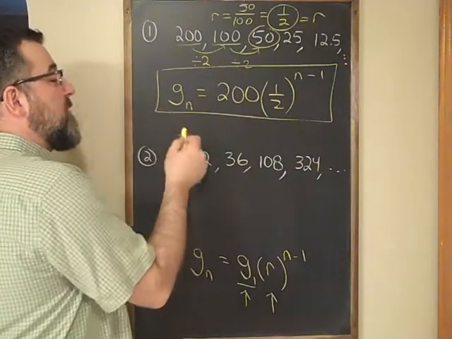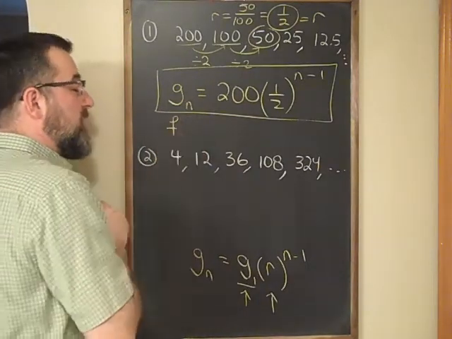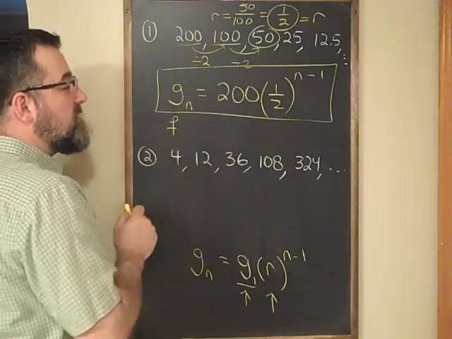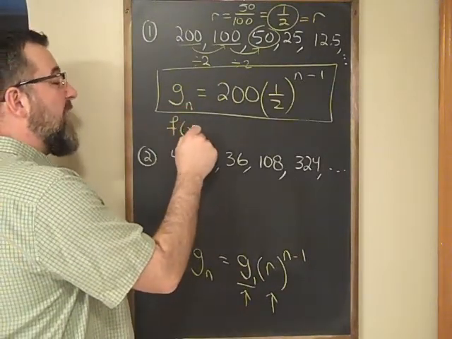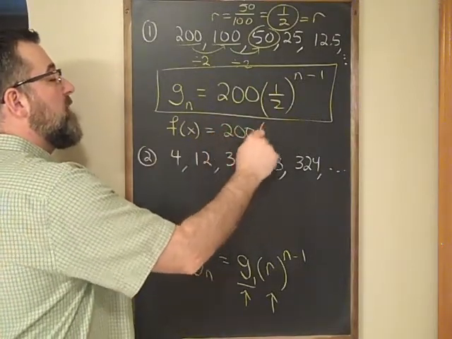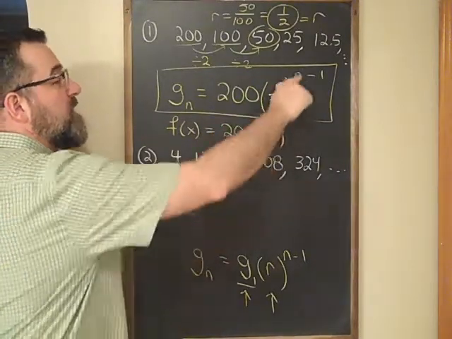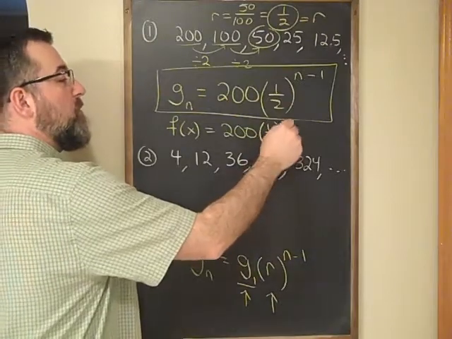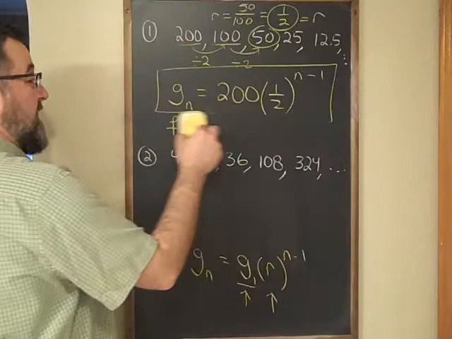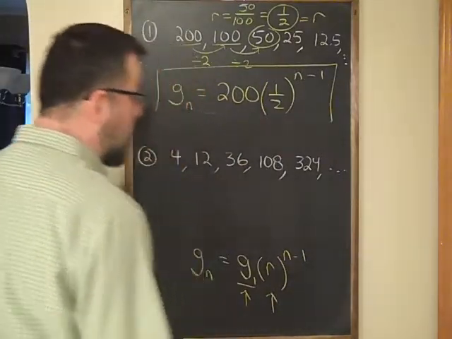These can be expressed using function notation, like I showed you in the previous section on arithmetic sequences. Instead of writing g sub n, we could write f of x. f of x is 200 times 1/2 to the x minus 1, instead of n minus 1. We could also, like I said earlier, use different variables.